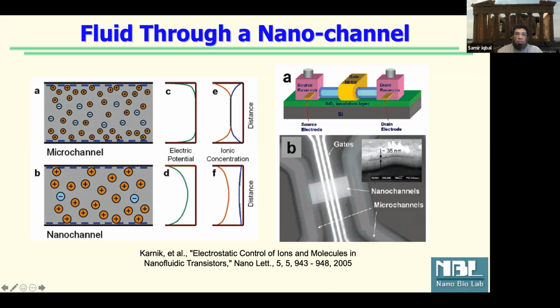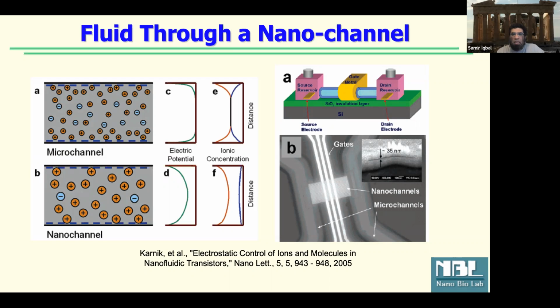In C, with the distance, before you get to the other boundary, it goes to the background potential. But in nanochannel, the other boundary comes before it gets back to the background. And E and F is showing ionic concentration. So ions are accumulating close to the surface, but when you get further away, you get the background ion distribution. But that does not happen in the case of nanochannels.